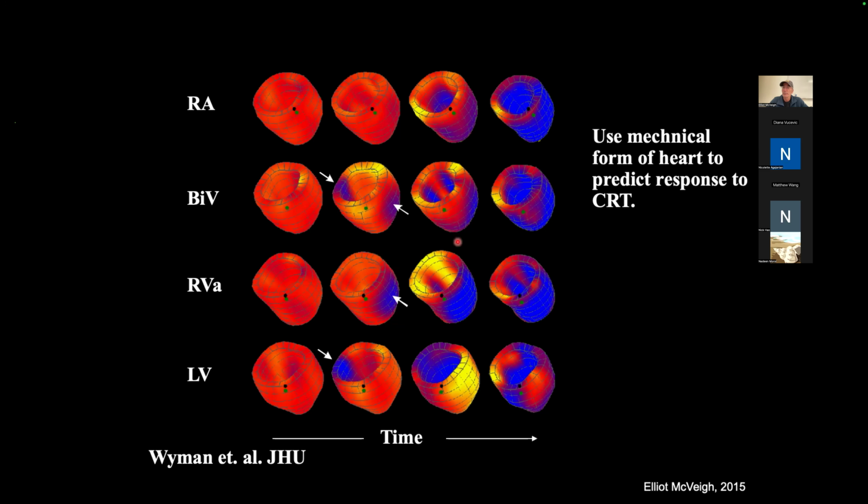Say 60, 100 milliseconds later, the strain has expanded out to the whole septum, and it's crushing down now. And on the opposite wall of the heart, the myocardium is actually being stretched. It's paradoxically going in the wrong direction. So instead of contracting, it's expanding out, right?